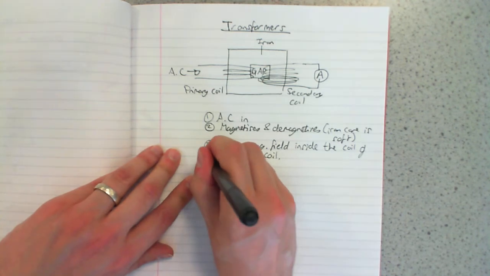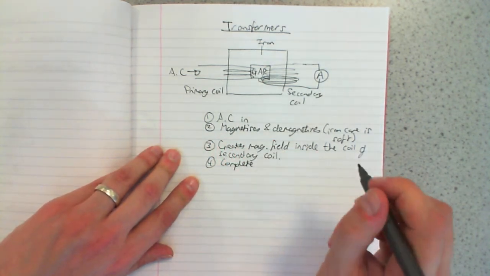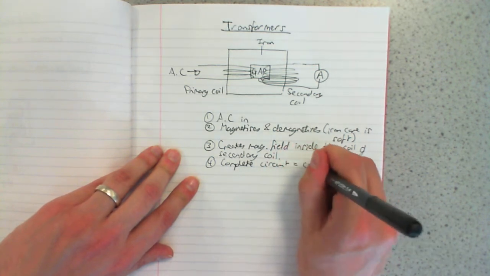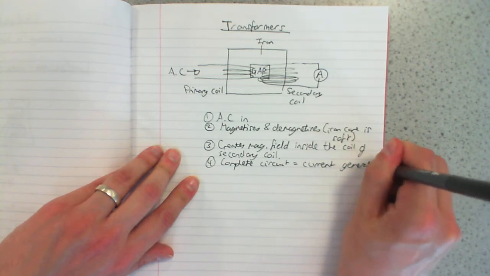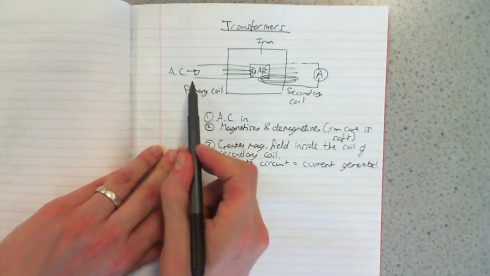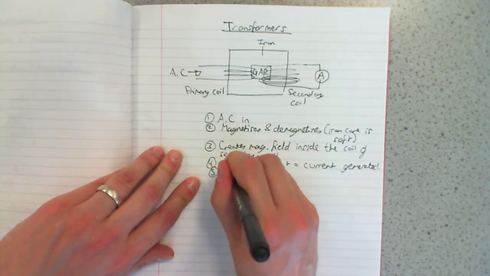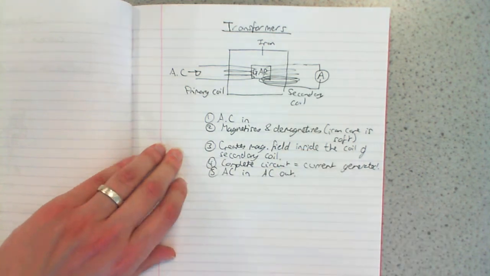And if the secondary coil is part of a complete circuit, we generate a current. And because we had alternating current in, we get alternating current out. AC in, AC out.